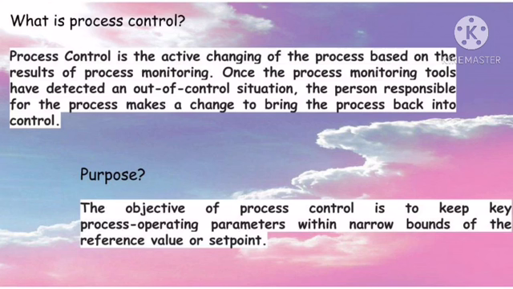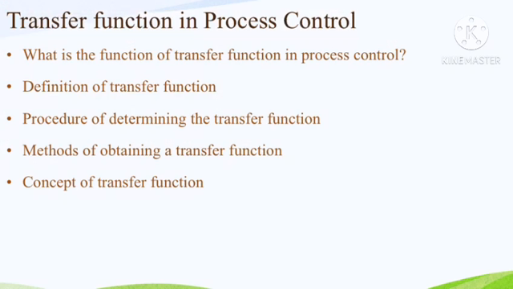The purpose of process control is to keep key process operating parameters within narrow bounds of the reference value or set point. So today we are going to present to you about transfer function in process control. There are 5 subtopics in our transfer function.